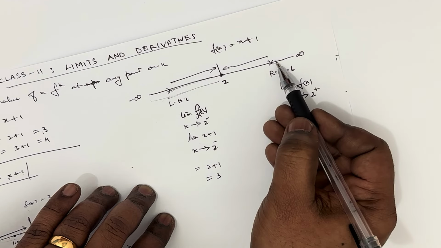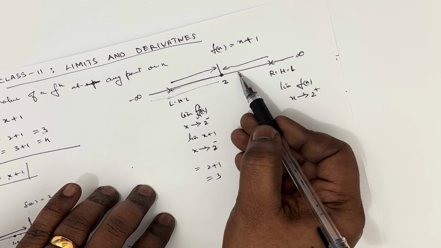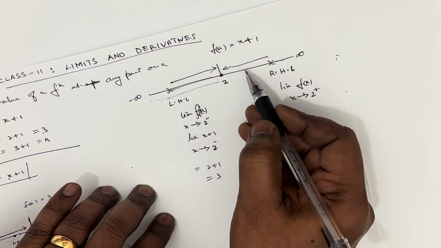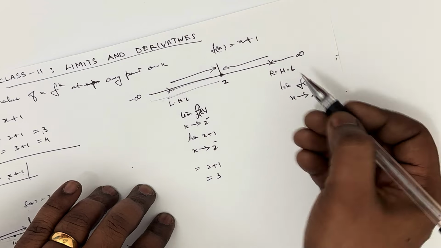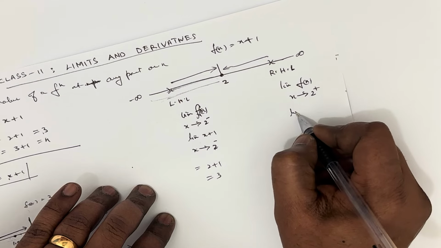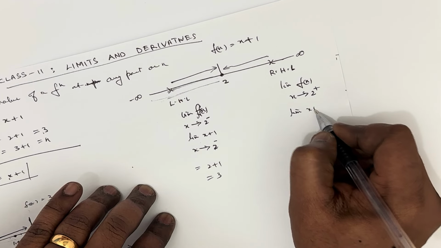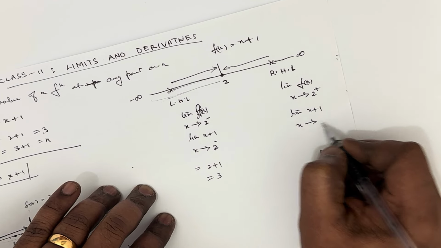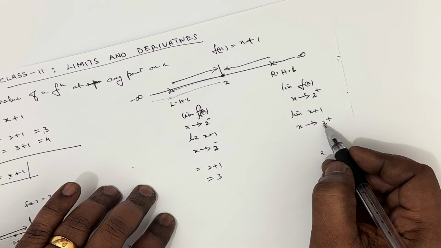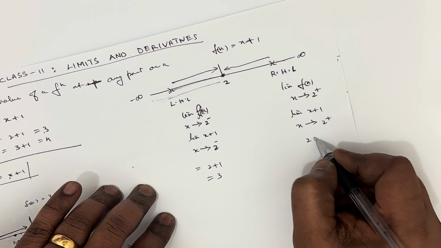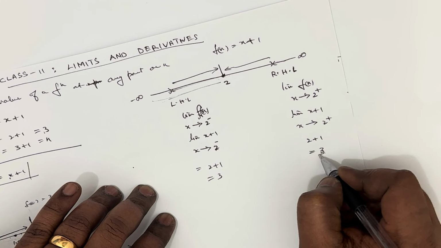In the same way, when x is approaching 2 from the right side, it comes very close, so we can assume that to be 2. So the limit of x plus 1 as x is approaching 2 from the positive side, we can write 2 plus 1 is equal to 3.